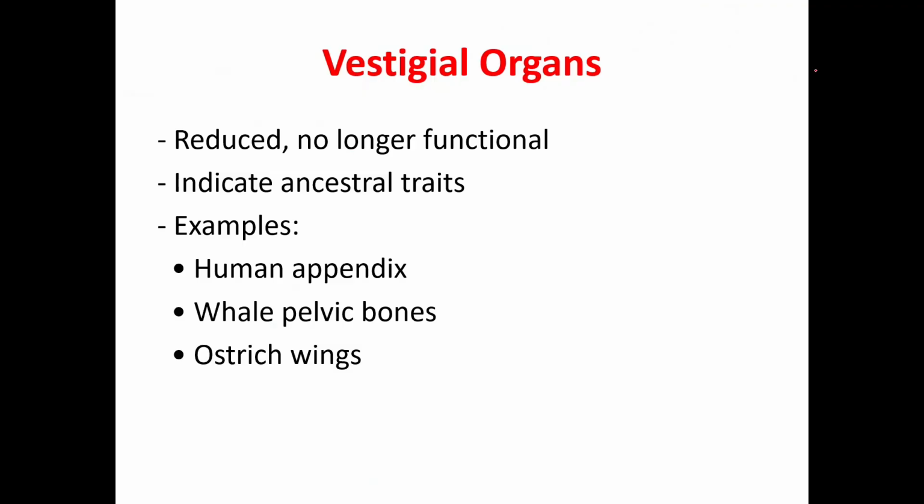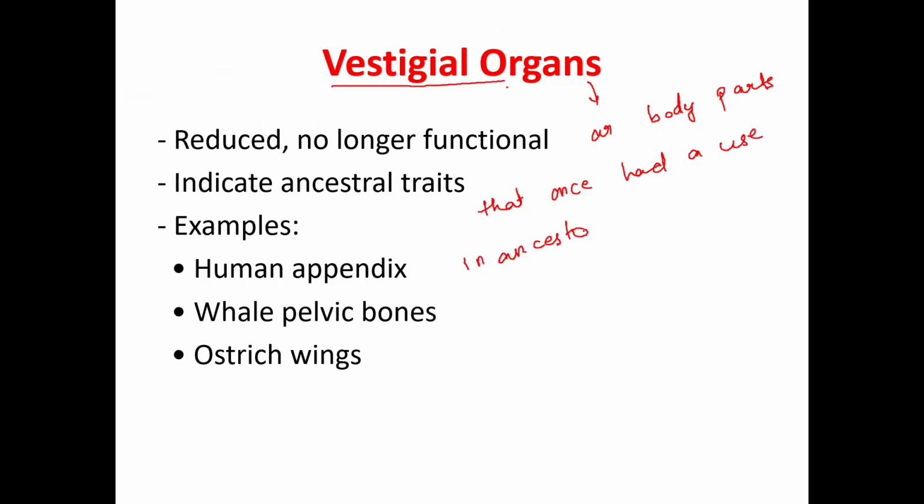Coming to the next amazing topic, vestigial organs. So what is a vestigial organ? Basically, vestigial organs are body parts that once had a use in ancestors but now no longer function in modern organisms.